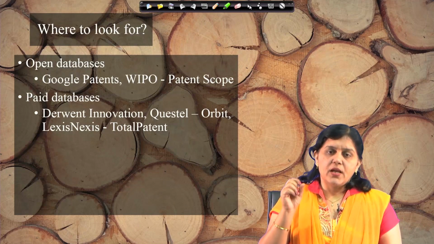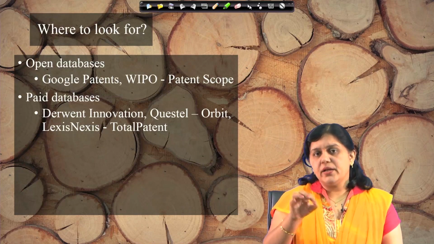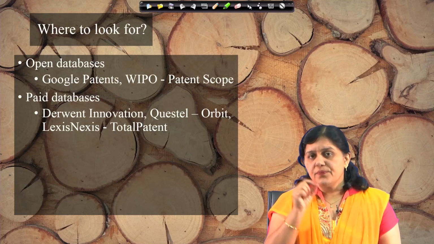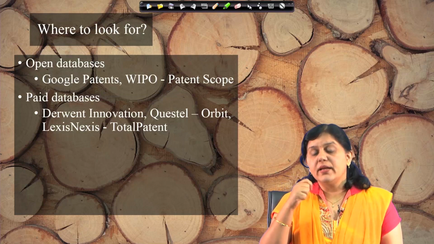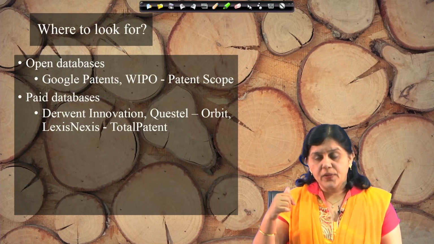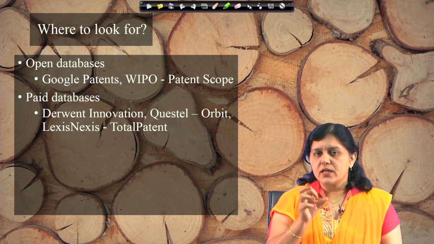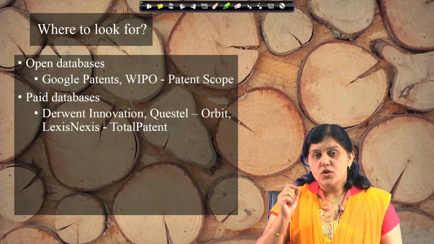Simple example, whatever abstract is given by the attorney for that particular invention is rewritten, and it is made in such a way that with a simple use of metadata, definitely that patent will be retrieved from the patent documents that are available in the database. What happens if you use a search strategy for retrieving that patent is a skillful job.